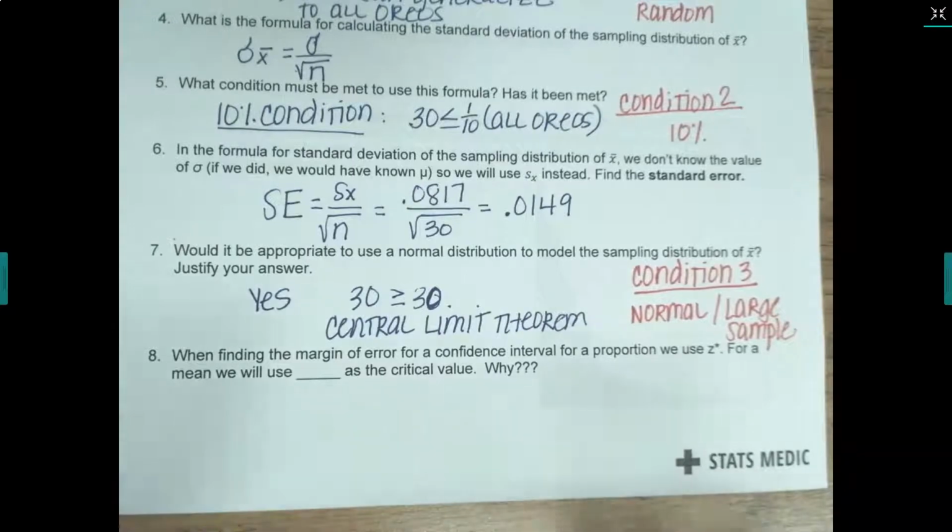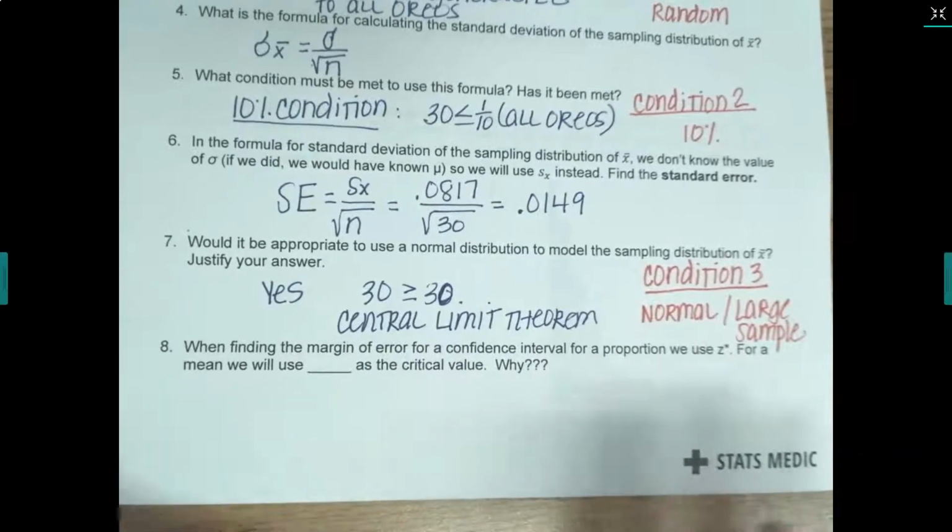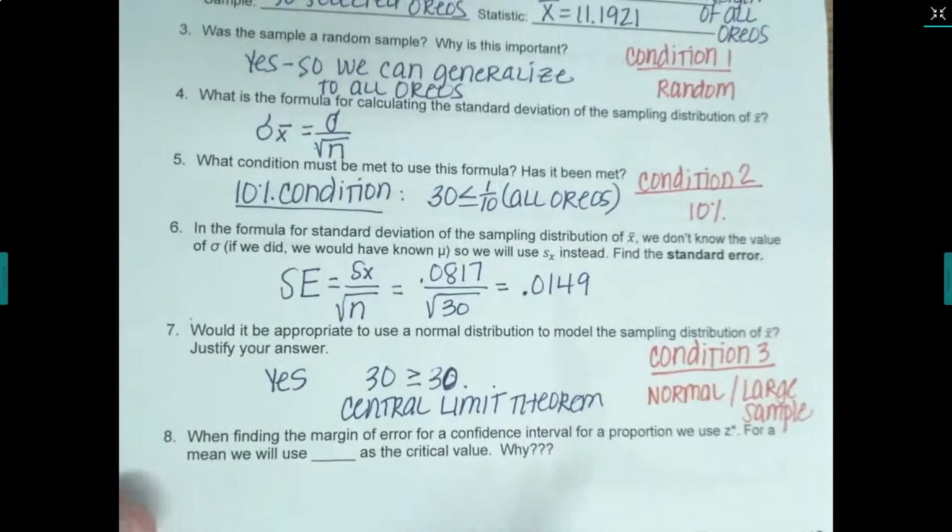All right, here's where it's a little bit different than proportions. We were using Table A, the z-score table, to find our area under the curve when we were working with proportions. But with means, we have a little bit of a problem going on because we're actually estimating 2 of the parameters.